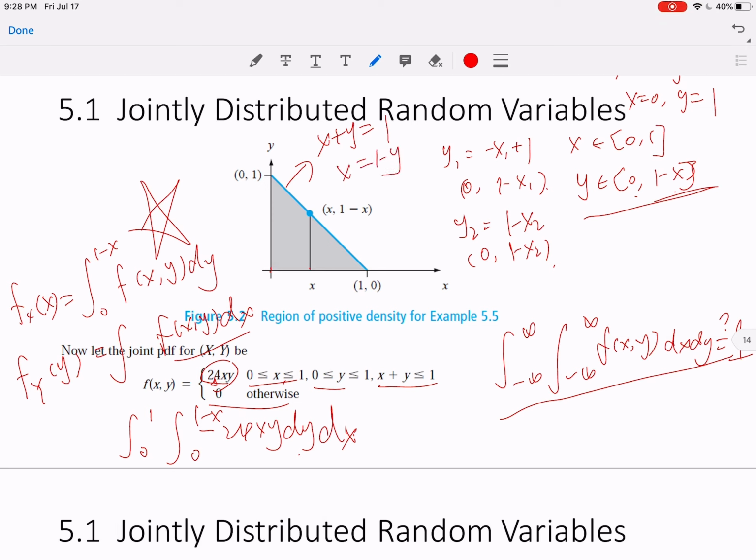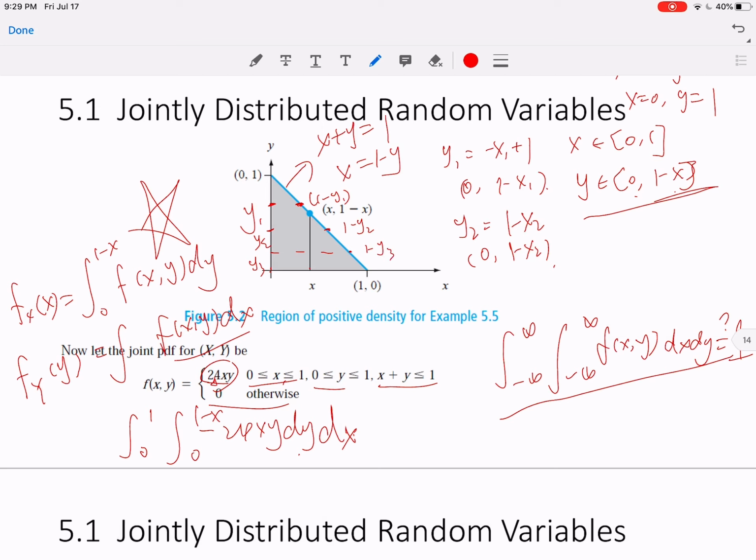Which means for every y here, the corresponding x value is going to be 1 minus y. So if your y is here, then your 1 minus y is over here. Let's say this is y1, this is y2 and 1 minus y2 is the corresponding x value, and this is y3 with corresponding x value 1 minus y3.